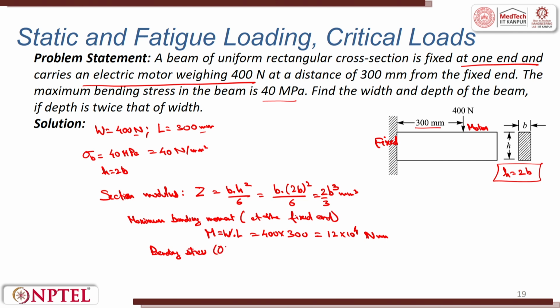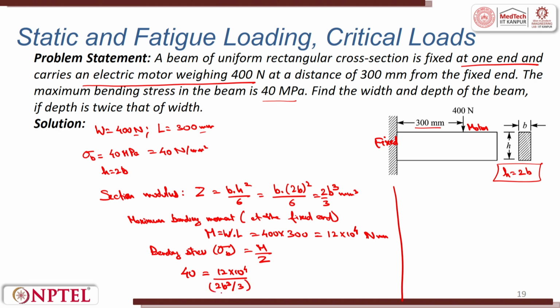Now we know bending stress, that is sigma b, is equal to bending moment per unit section modulus, that is M by Z, which means bending stress is given here. 40 is equal to M by Z. M is 12 into 10 raised to power 4 and Z is 2b cube by 3.